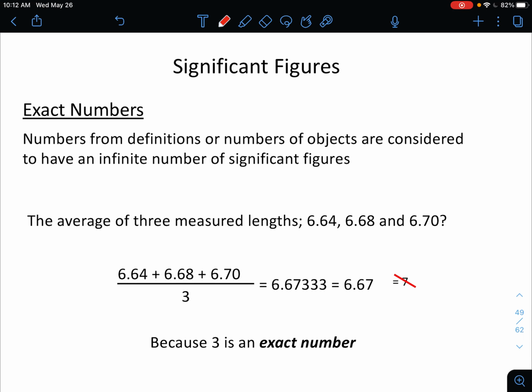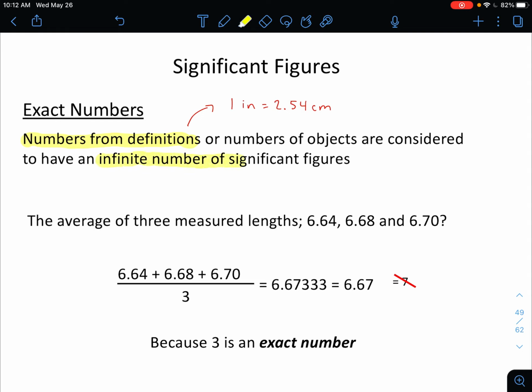Okay, so I want to talk about the idea of exact numbers. One of the things we're going to see a lot of are numbers from definitions. For example, like 1 inch equals 2.54 centimeters. Or if I have a constant that I'm using that has a particular value, those are numbers from definitions.